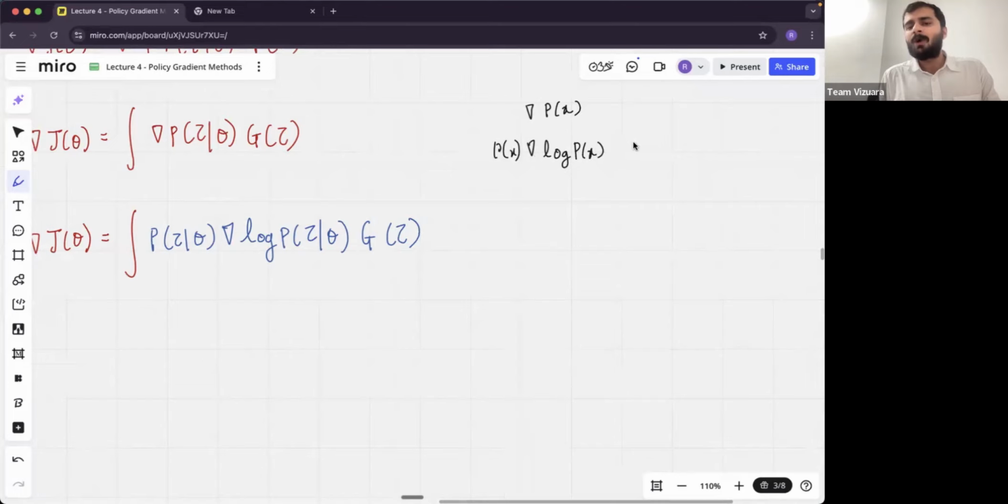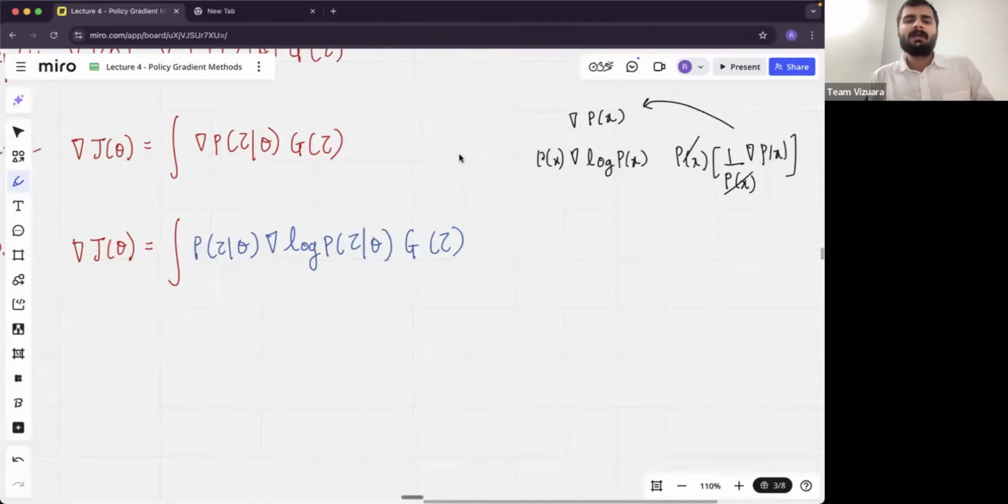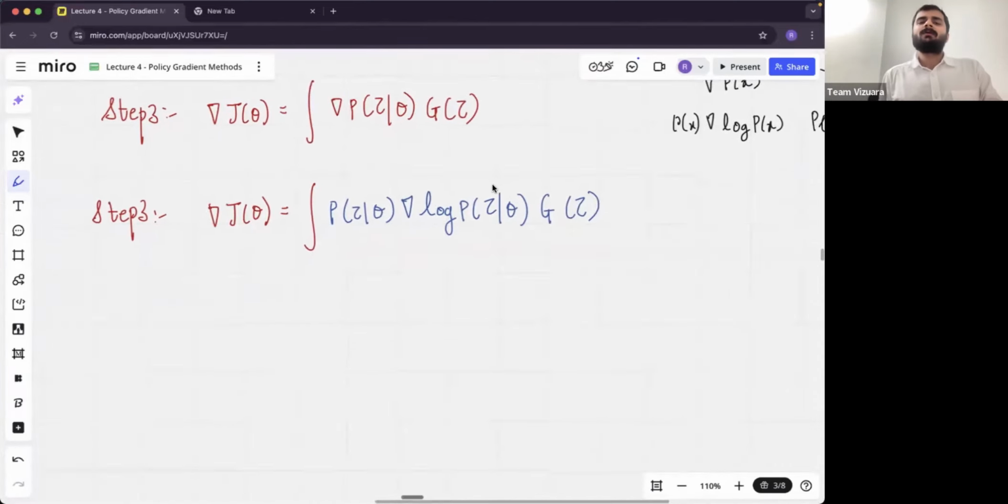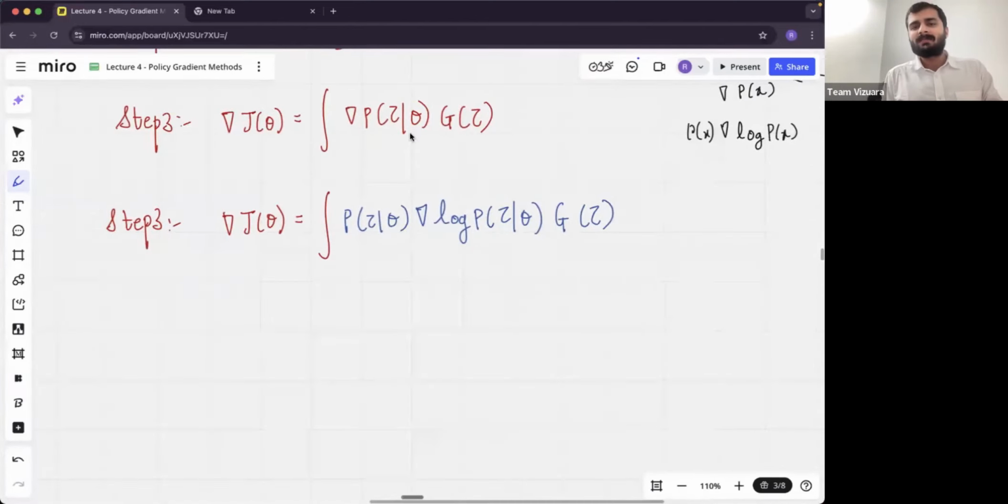Now gradient of log can be written as 1 upon P of x into gradient of P of x. So this P of x cancels and you finally get this one only. So it's just a simple trick to write this derivative as multiplication of this into grad of log of this.